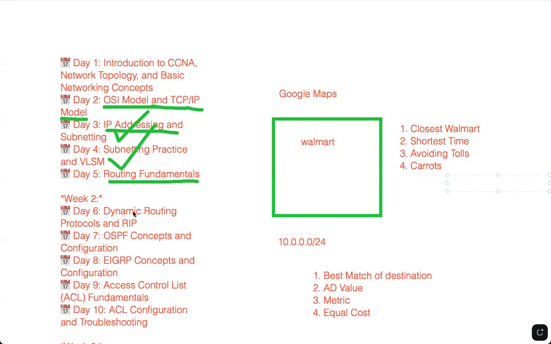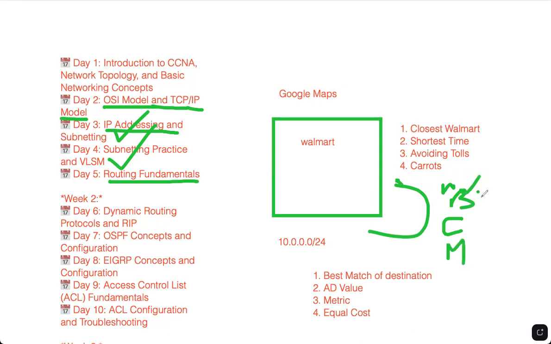On day 6, we will talk about dynamic routing protocols, meaning, let's say to go to this Walmart in the same example, we can also talk about whether you want to go to Walmart walking, or using a bicycle, or you can use a car, or you can go on public transportation like the metro.